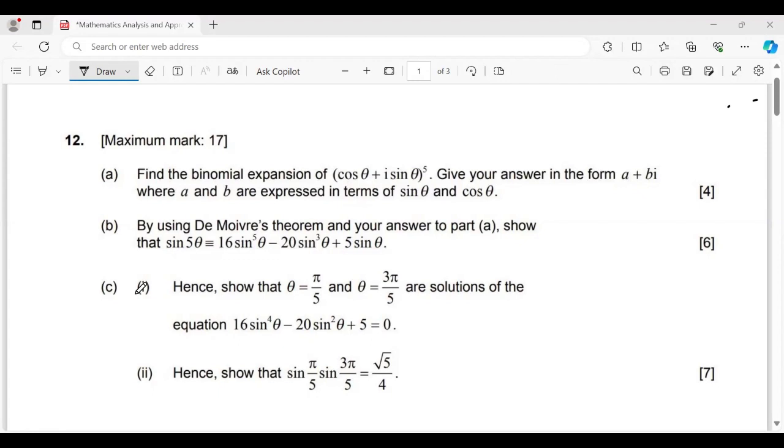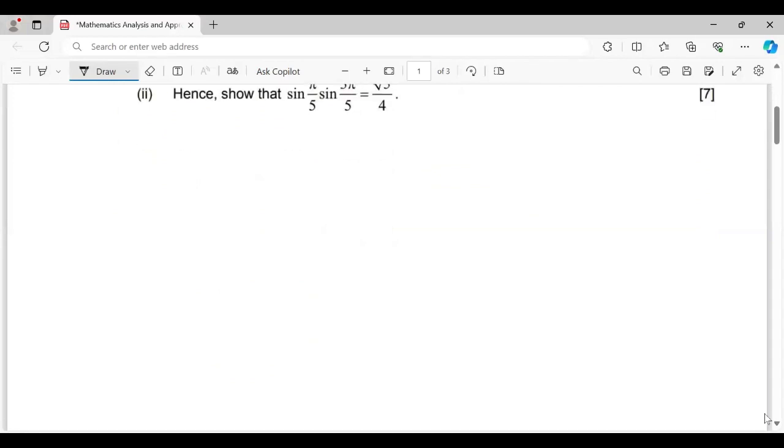Right, 12a, we are going to expand (cosine theta plus i sine theta) power 5.